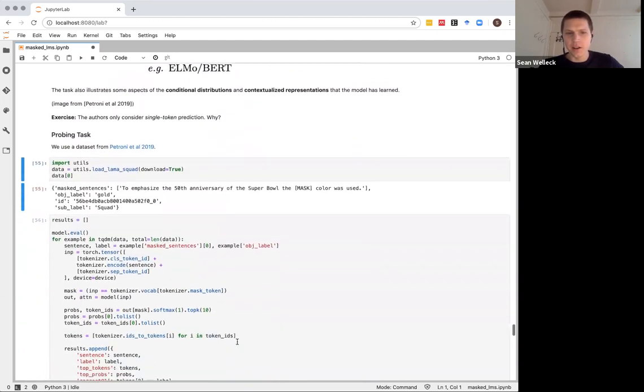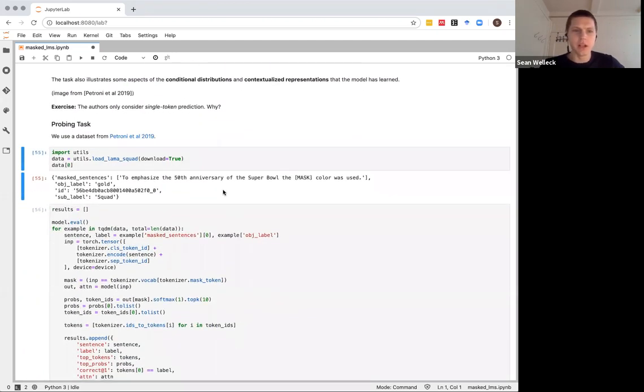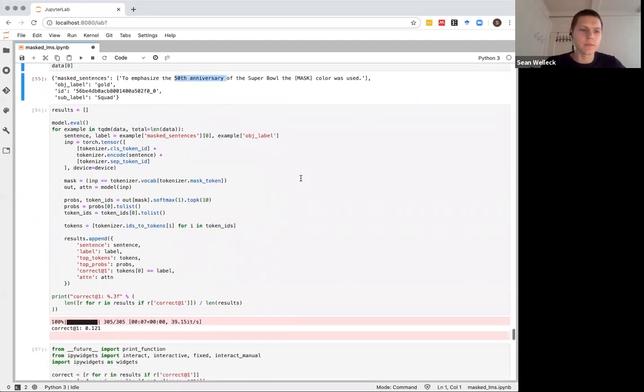Arguably, it's just a fact that you have to know based on this 50th anniversary. You would have to know that they used gold.